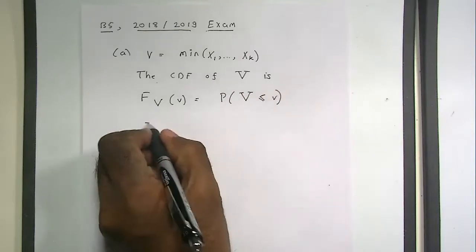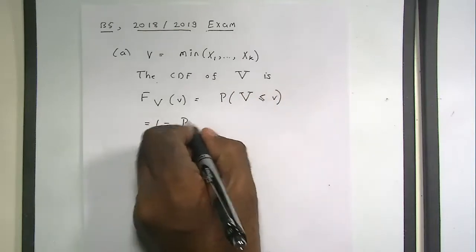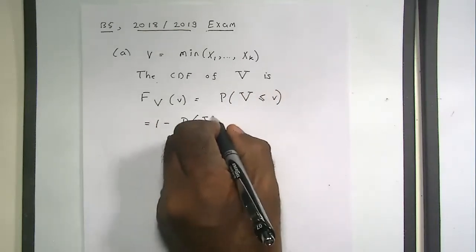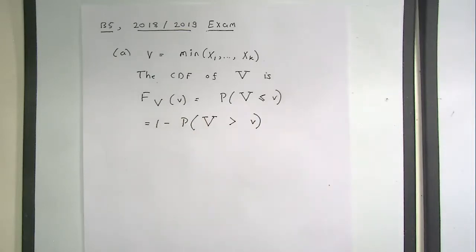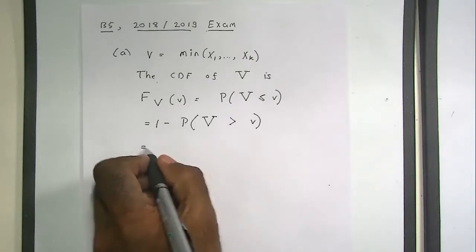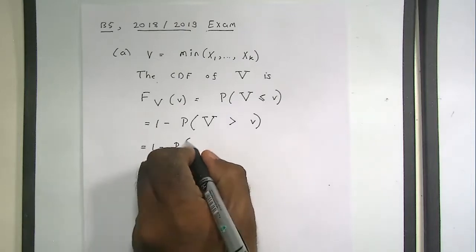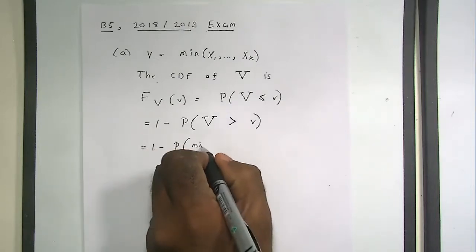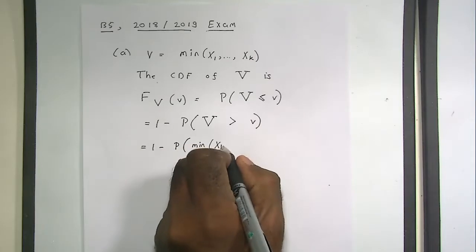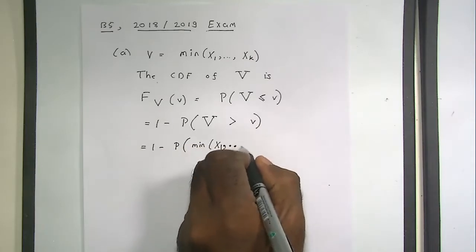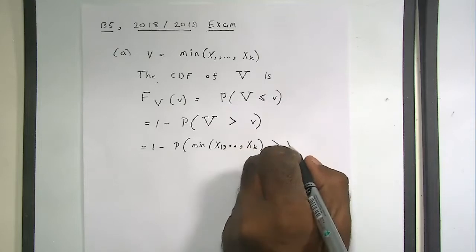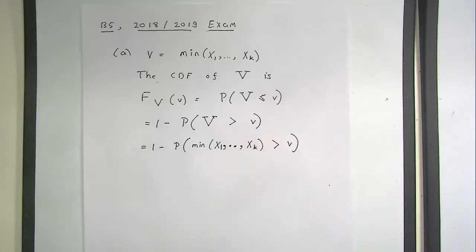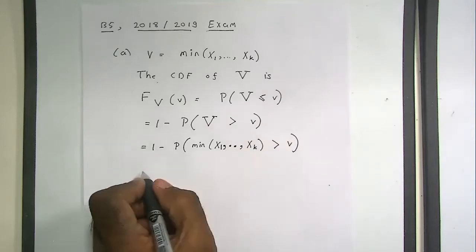And this we can write as 1 minus the probability. And this is 1 minus the probability that V is greater than little v.